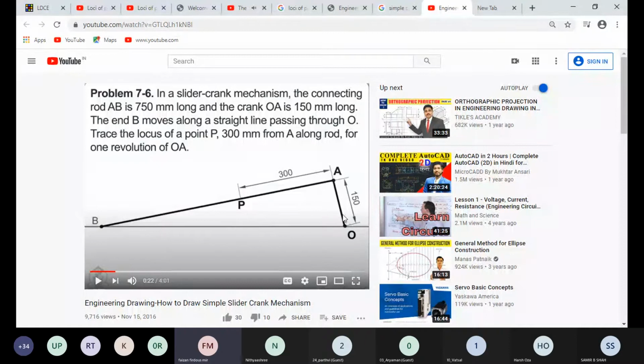Before that, we have to identify this angle. If it is given to you, then as per the data you may consider it. If it is not given, then you may consider either 30° or 60°. Okay, so right now I consider that this angle BOA is 60°. If possible, whatever I speak right now, parallelly you may also draw this kind of triangle, this kind of mechanism.